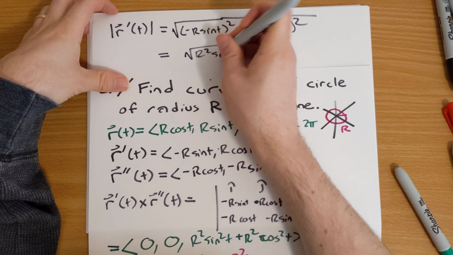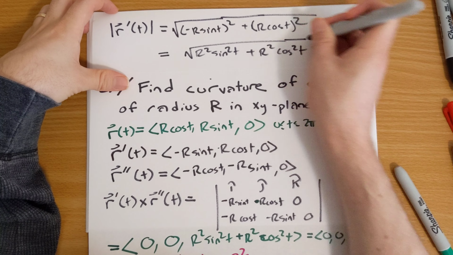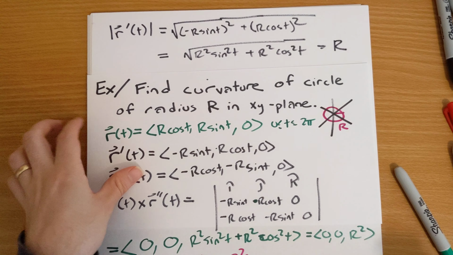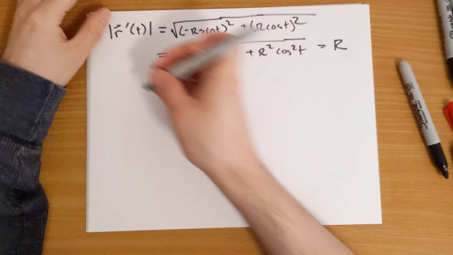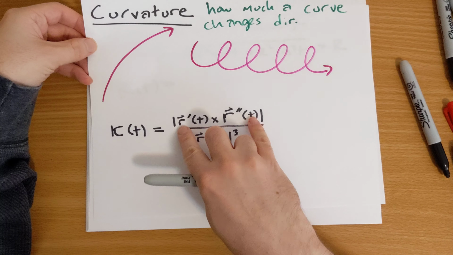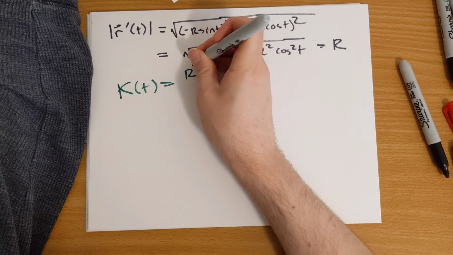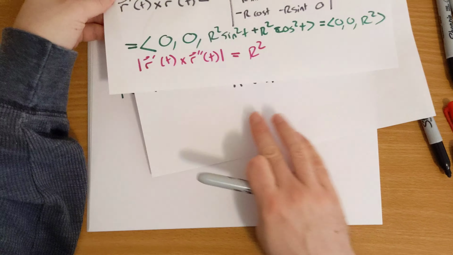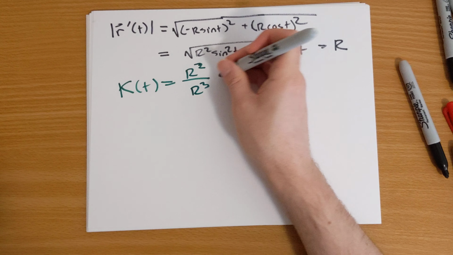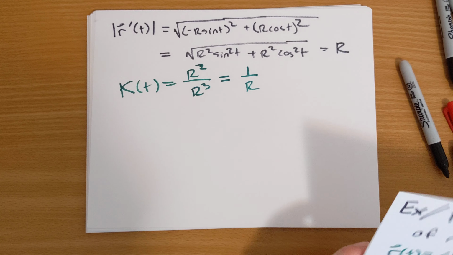So r squared sine squared t plus r squared cosine squared t. And that's just r squared. The square root of r squared is r. So our kappa of t is going to be, the numerator is r squared, the denominator is going to be r cubed. And so our answer here is 1 over r.